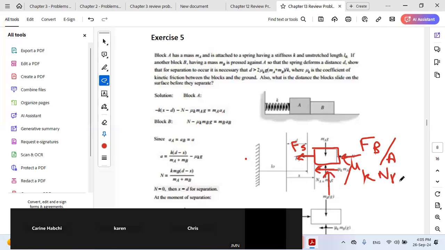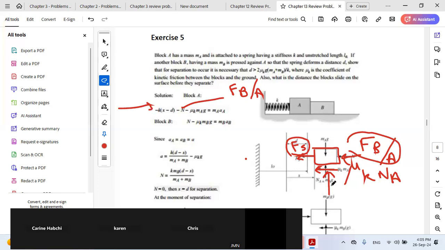So when you write your sum of forces in X, you have minus this spring force, minus this reaction F of B on A. Here they called it N. This N is different from NA. Pay attention. This is N, which is F of B on A. It's different from the normal reaction from the ground. Minus mu k NA. What is NA?